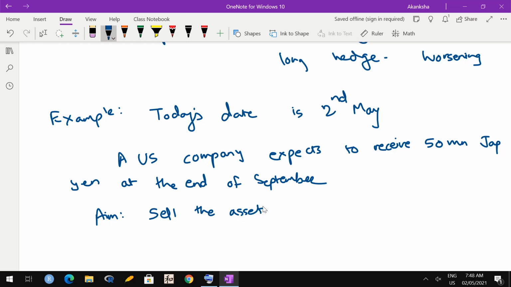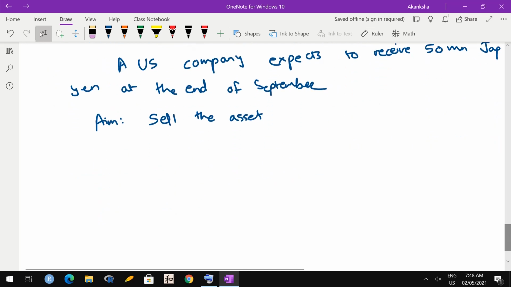So they'll have to sell those yen. Once they receive the yen, they'll sell those yen in the market and get dollars. Dollars is real money for them. So their aim is to sell the asset, so they should enter into a short hedge. We saw that the hedging direction has to be similar to what you actually need to do. So they have to enter into a short hedge.